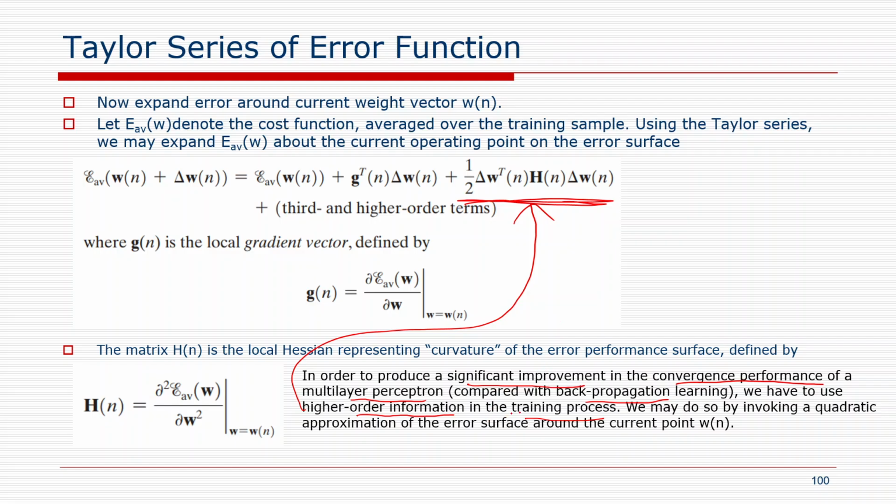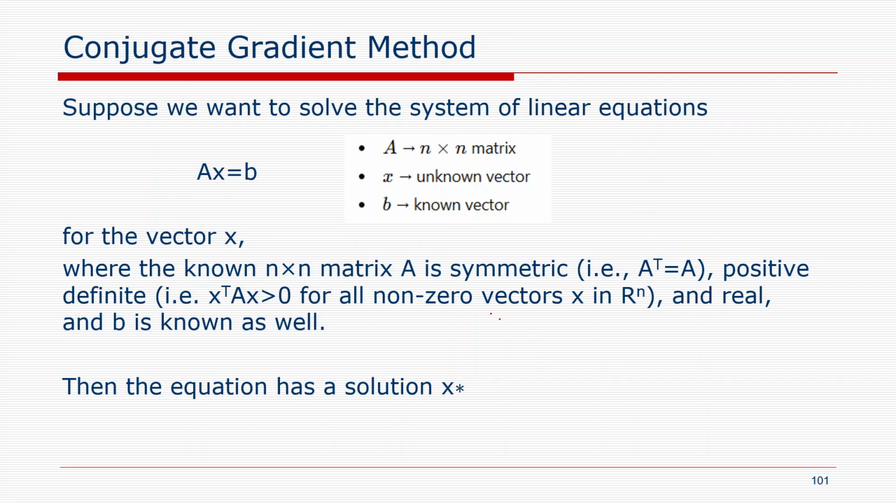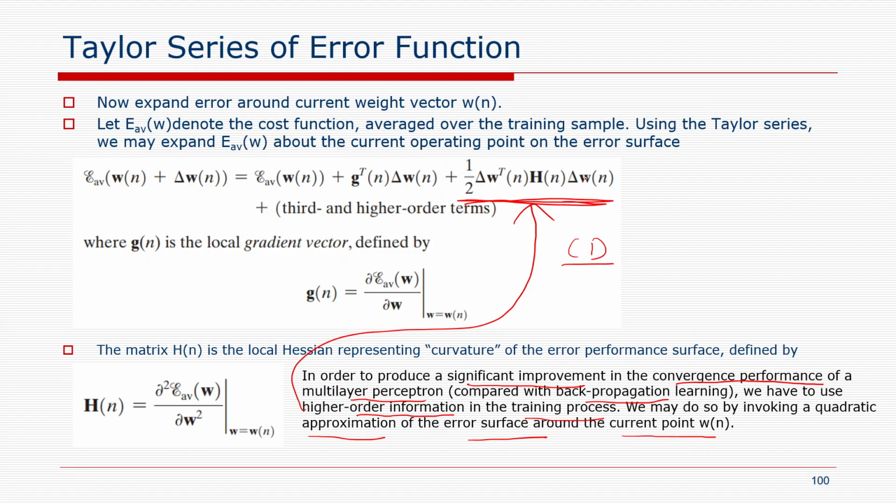We may do so by invoking the quadratic approximation of the error surface around the current point W of n. So in the conjugate gradient, we will go with the quadratic approximation, and this higher order information will be used during the training process.